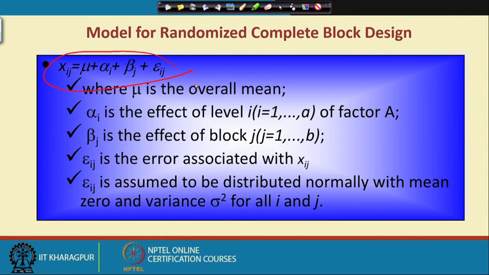And like the factor model, this is the error term, and again we are assuming that the error term is normally distributed with mean 0 and constant variance, that is, homogeneous variance. So let us see the particular case here.